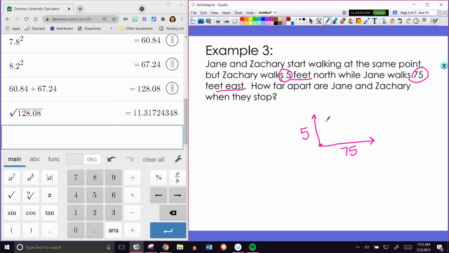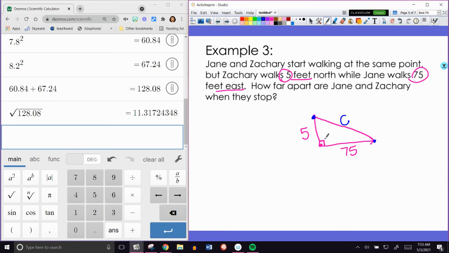How far apart are Jane and Zachary when they stop? So if I drew my line in there, I see a right triangle now. So again, we're going to start the same. It wants to know how far apart they are. So there's Jane, here's Zachary.